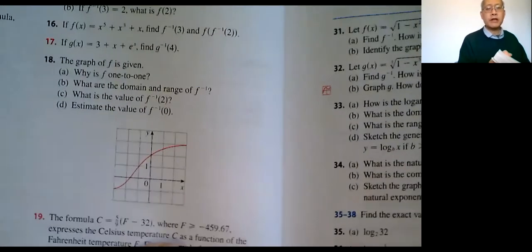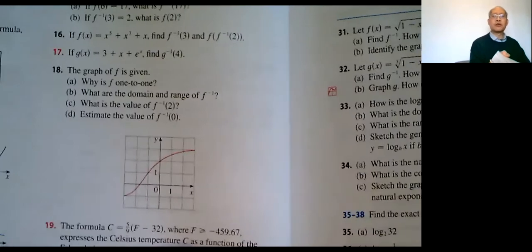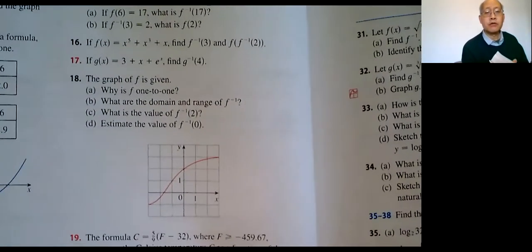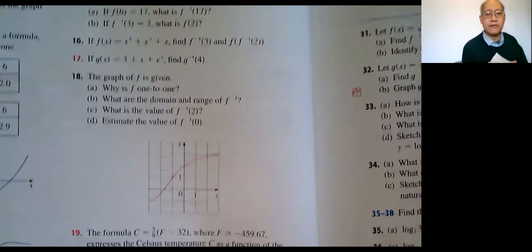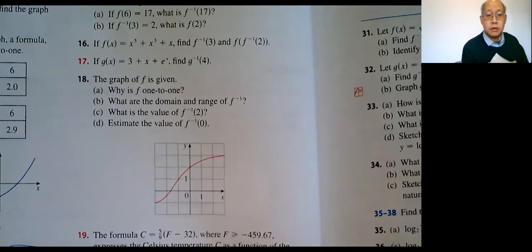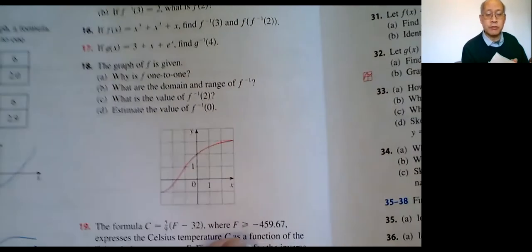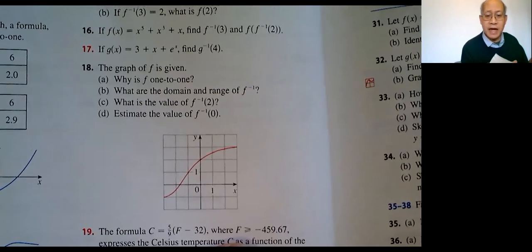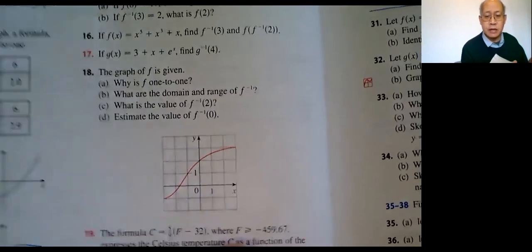Okay, B, what are the domain and range of f inverse? The domain and range of f inverse are the range and domain of f. So look at the graph. I can't point to it for you, but we're doing 18. The domain of f looks like bracket -3 to 3, right?